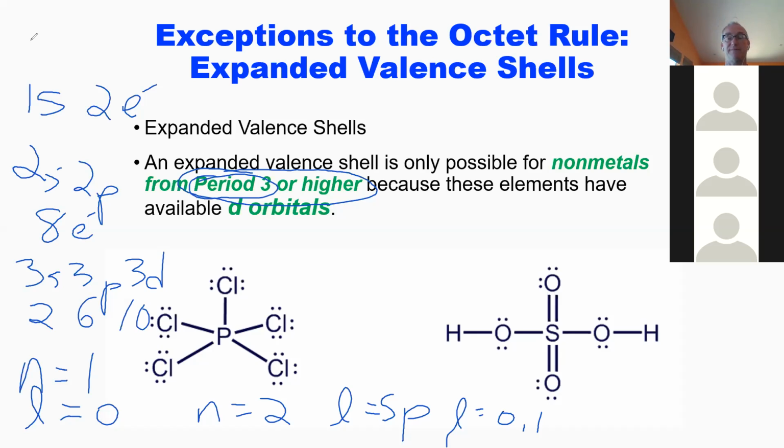So for instance here, phosphorus, how many valence electrons does phosphorus have in that particular model? I've got phosphorus pentachloride. How many valence electrons does phosphorus have there? Someone said 5. Yes, 5 valence electrons.